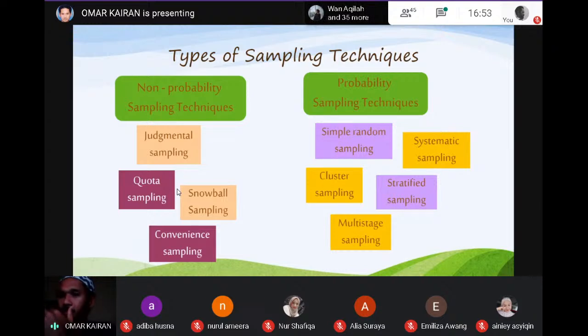For example, you can do a lucky draw. Actually, when you are conducting a lucky draw, everyone is going to be selected with the same chances, right?